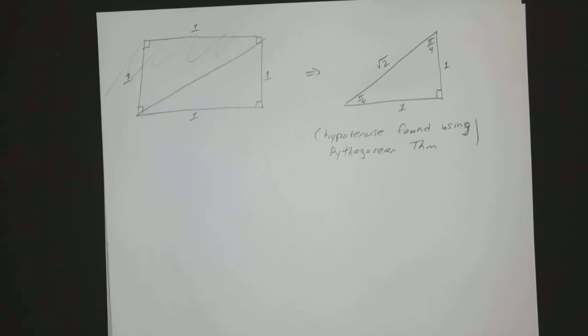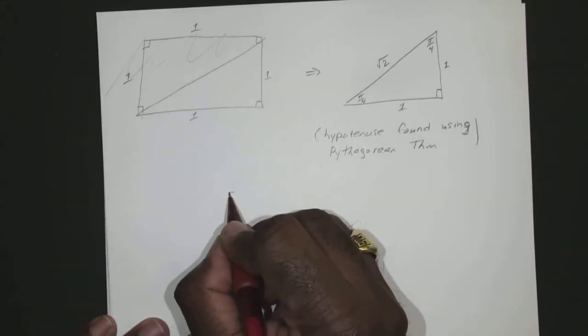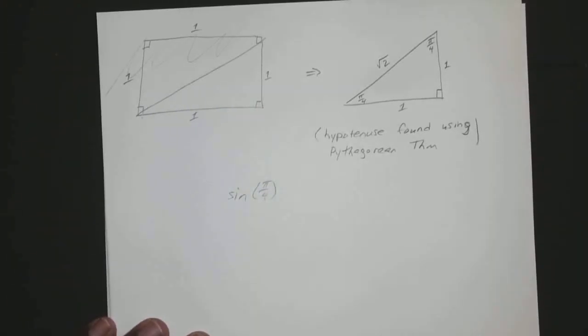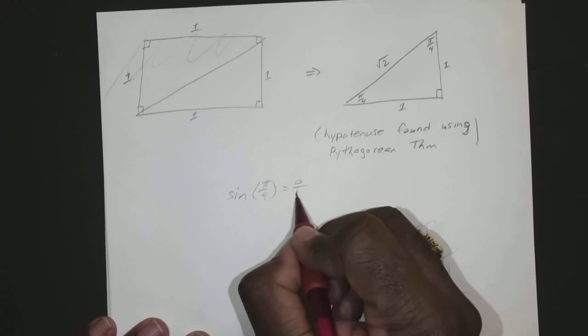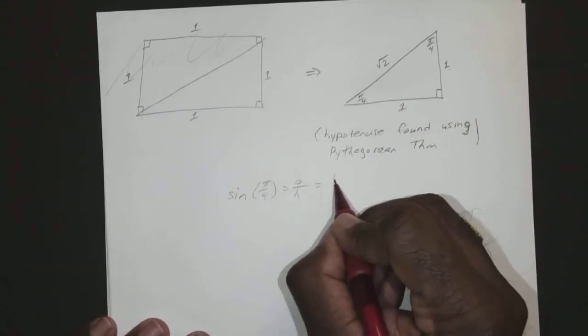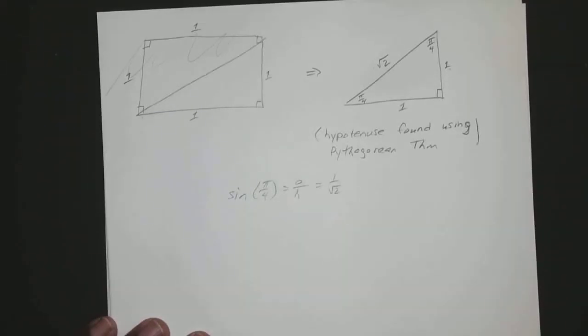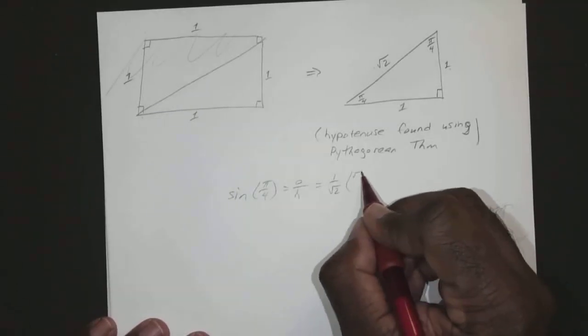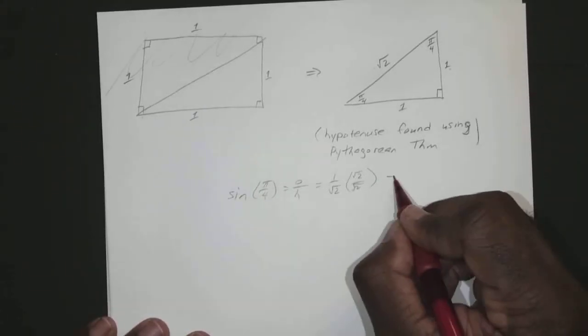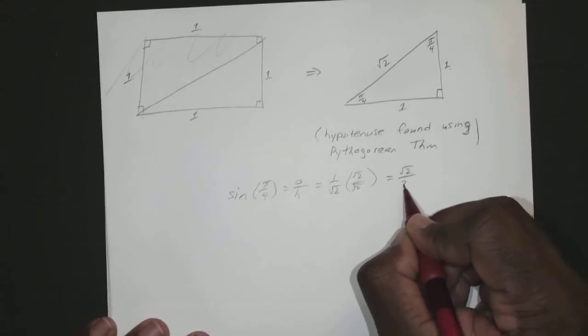All right. So from there, let's say if we have sine of pi over 4. That's opposite over hypotenuse. So I have 1 over square root of 2. If you rationalize that denominator, you have your square root of 2 over 2.